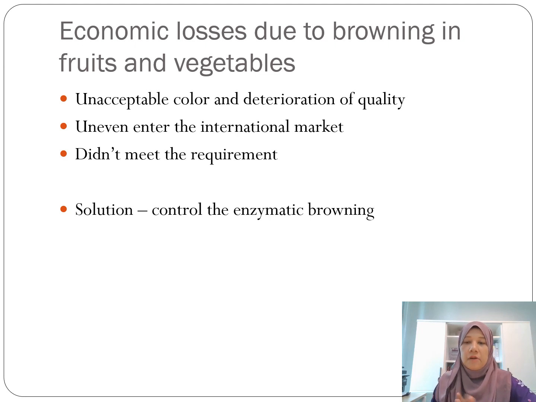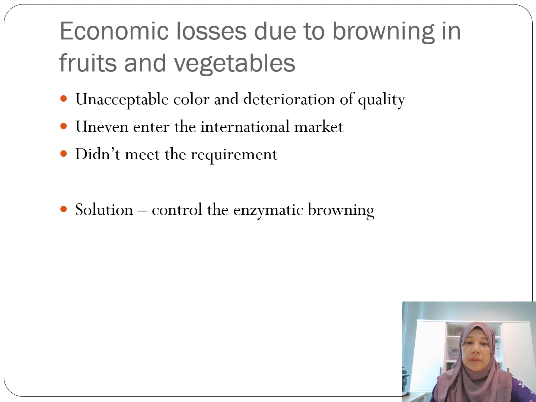For example, you have 40 boxes of fruits, and then 30 boxes deteriorate in quality due to the browning process, so only 10 boxes are left. So you have a problem there.